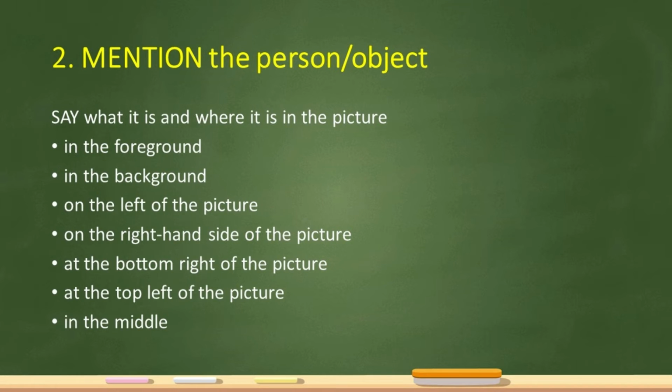Next, after the intro, you can start talking about the person or object or situation in more details. When you say that you see a person, you can say where it is in the picture. The following phrases will help you to do exactly that. In the foreground, in the background, on the left side, in the middle, and so on.